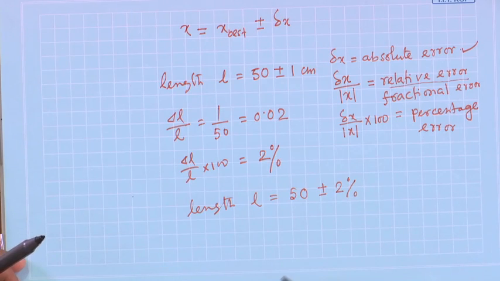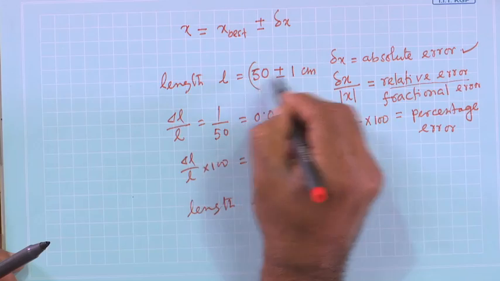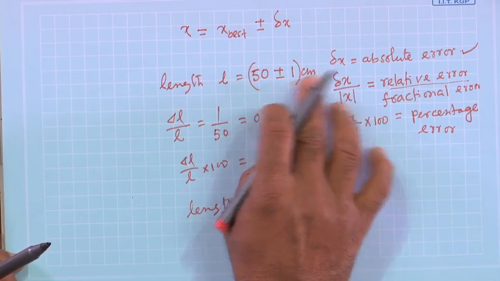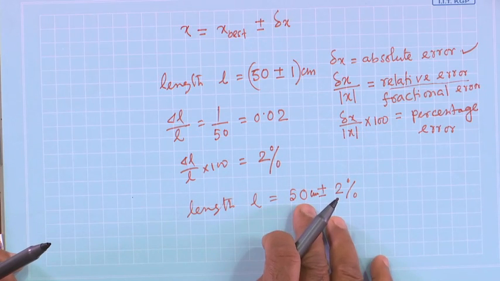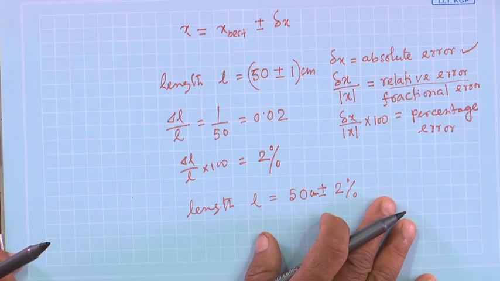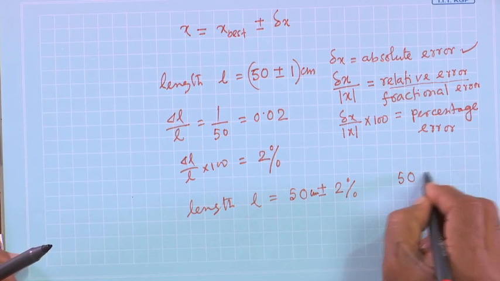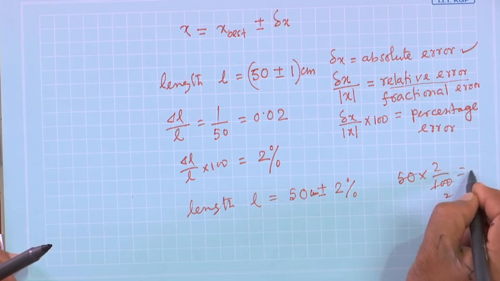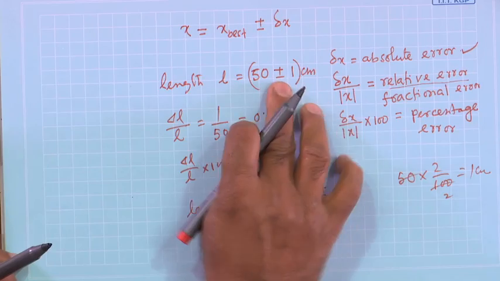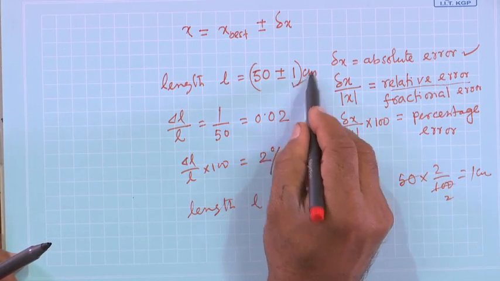You can write 50 plus minus 1 centimeter, or also 50 centimeter plus minus 2%. 2% of 50 centimeter is 2 by 100 times 50, which equals 1 centimeter. So we can express in terms of percentage error, and also in absolute error.